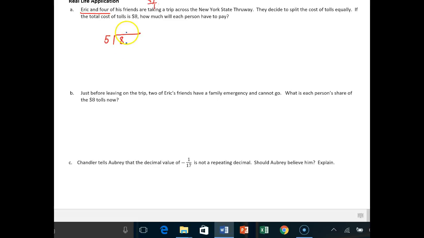So decimal, 0. 5 goes into 8 1 time. With 3 left over, there's your 0. Bring it on down. 5 goes into 30 6 times. Nothing left over, so each person will have to pay $1, and not 6 cents, but $1.60, right? So 1.6 is the same thing as 1.60, not 1.06, right?